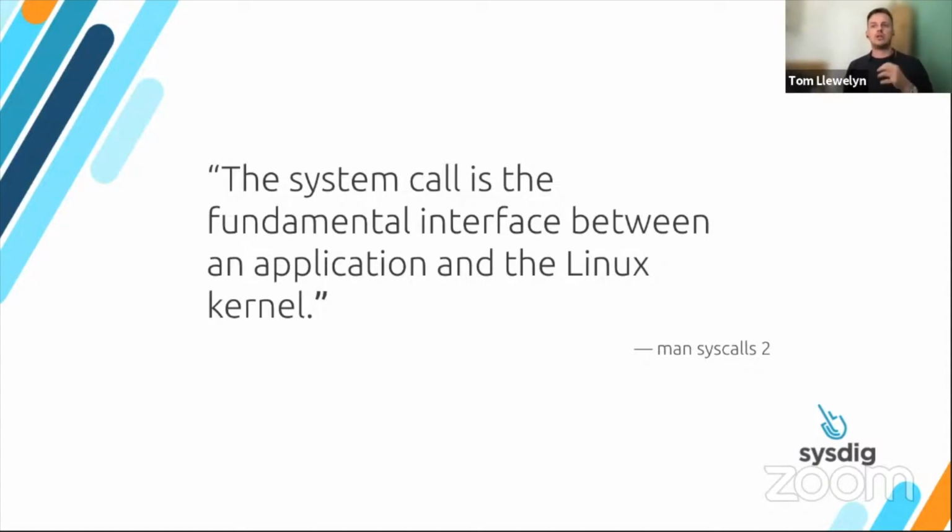So if you look at trying to secure a container workload running in Kubernetes on a host, there's a whole lot of layers there. But fundamentally, you've got a process that's running on a Linux kernel. And in order to interact with the outside world, it has to make system calls. And so that system call stream is going to tell us an awful lot about what's going on in that host and what that process is up to.